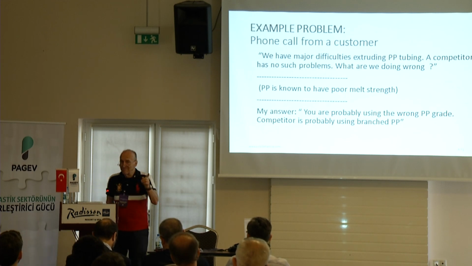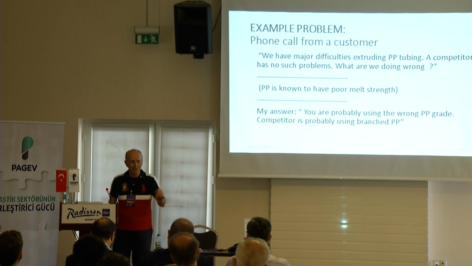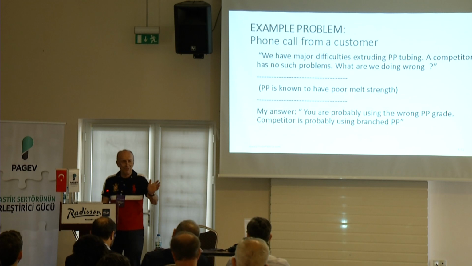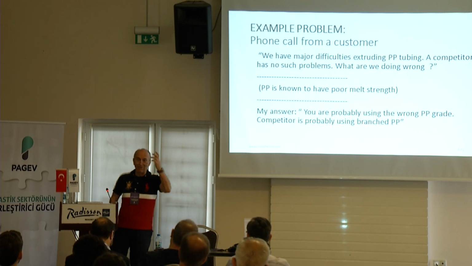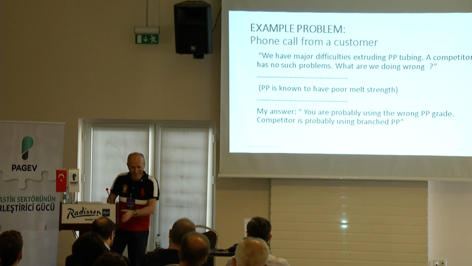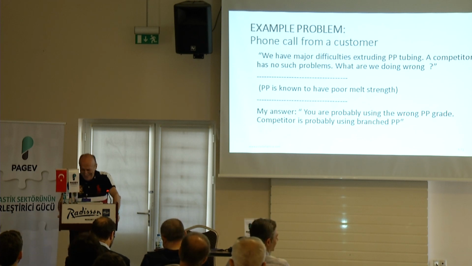I said, talk to the supplier of your resin, whoever it might be. Ask them to give you branched polypropylene. He did. He was happy. Okay, problem solved. It was over the phone call. He did not even pay me.